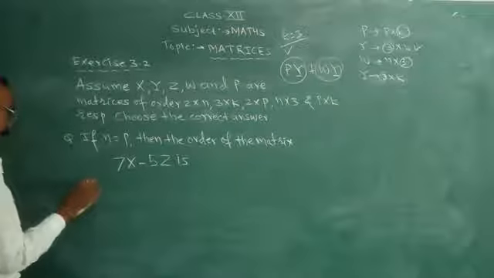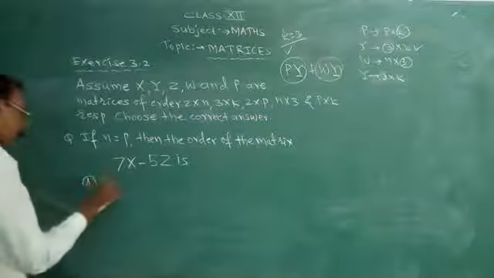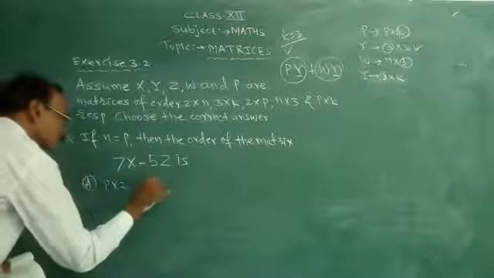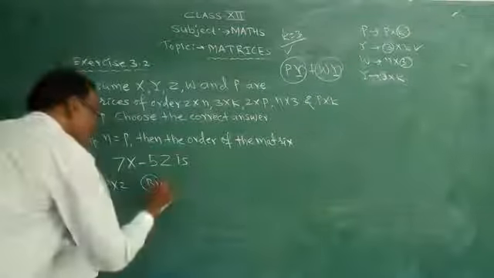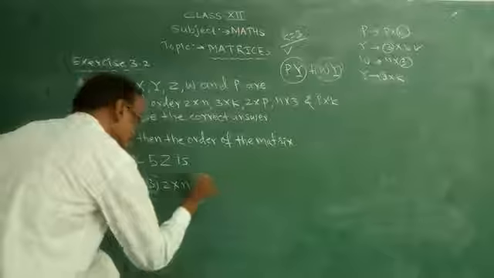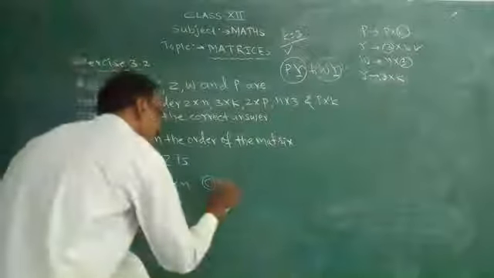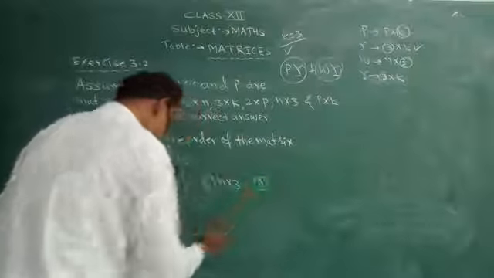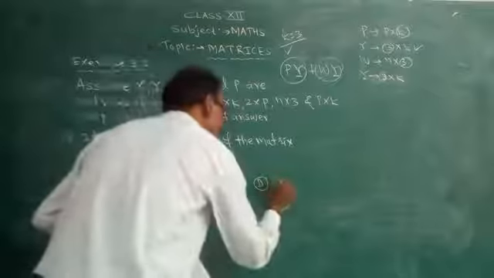Option A is P by 2, option B is 2 by N, option C is N by 3, and option D is P by N.